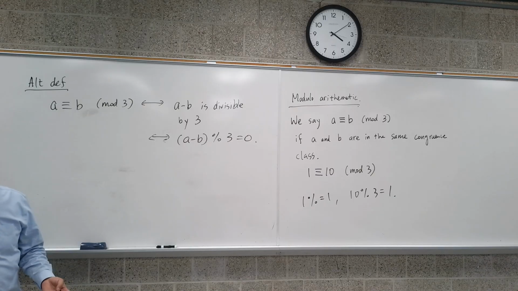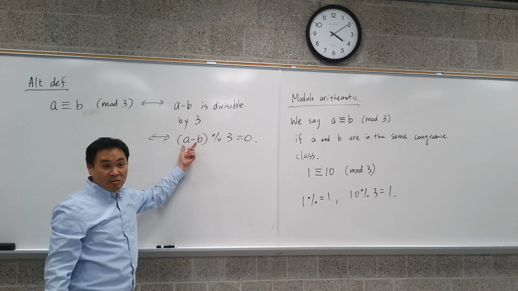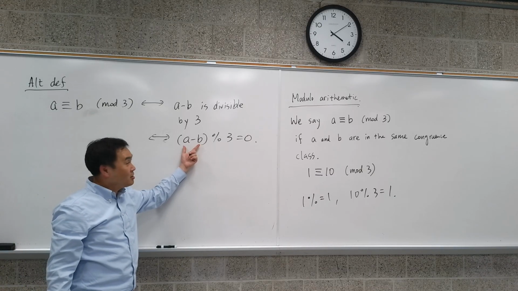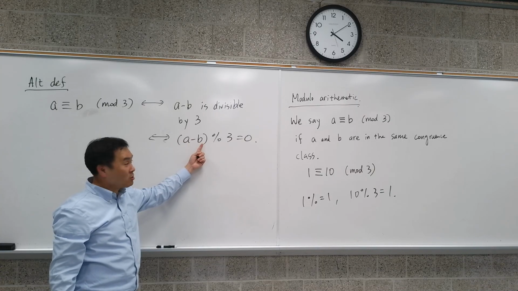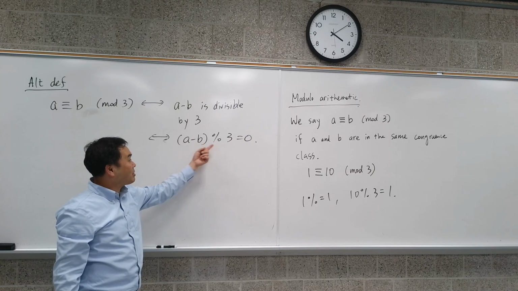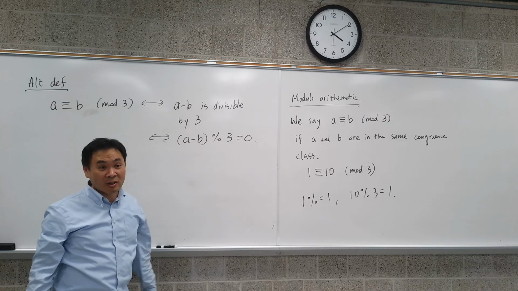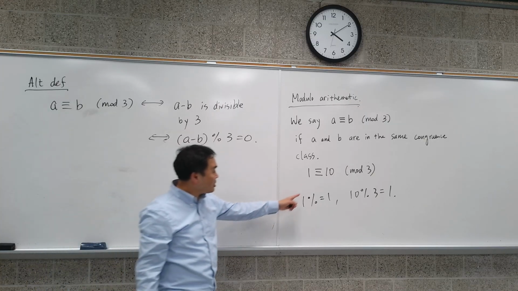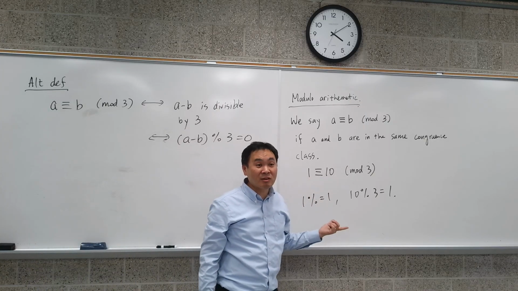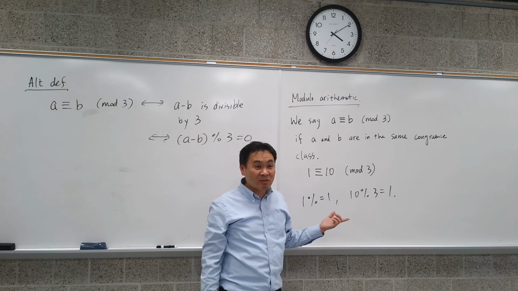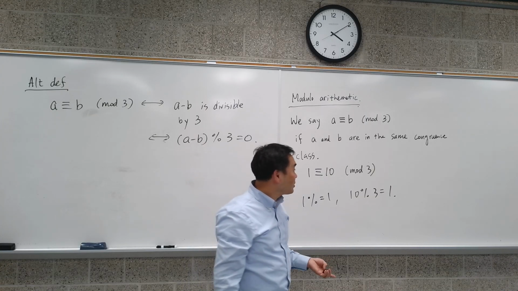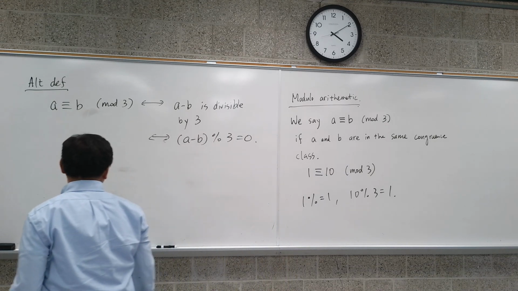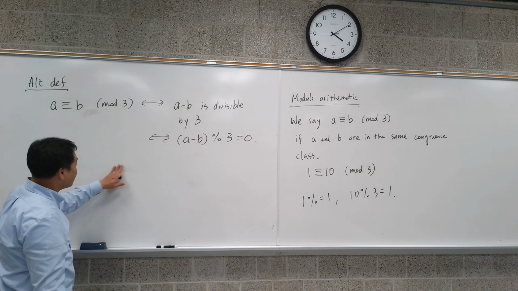And that kind of makes sense. If A and B are both in the congruence class of 1, then A mod 3 will be 1, B mod 3 will be 1. So if you do A minus B mod 3, it will be 1 minus 1, which is 0, right? As you can see, obviously 1 minus 10, what's that? Negative 9. Negative 9 is divisible by 3. Agreed? Okay? So that's the alternative definition.